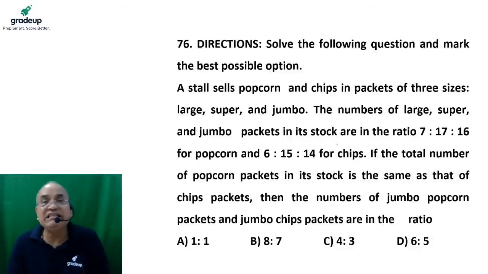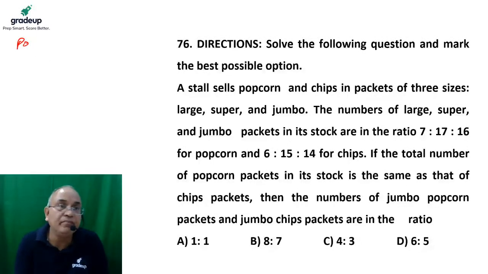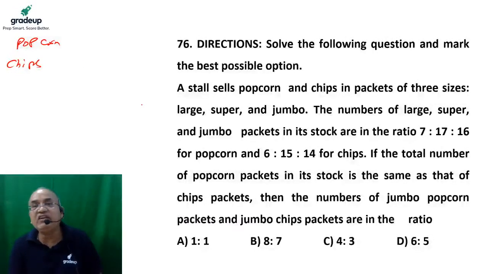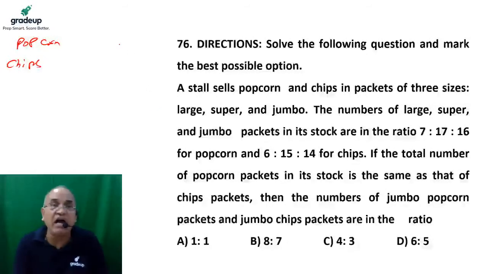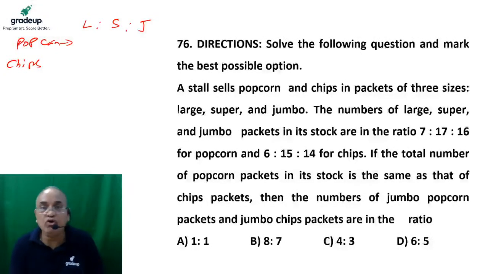A stall sells popcorn and chips. And there are 3 types of packaging: L for large, S for super large, and J for jumbo packets. Its stocks are in the ratio of 7, 17 and 16 for popcorn.